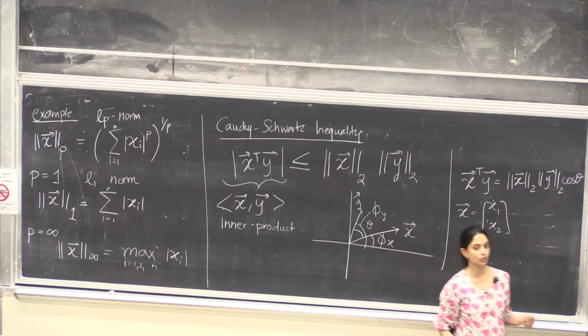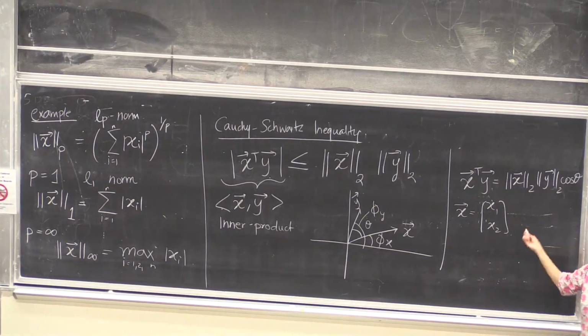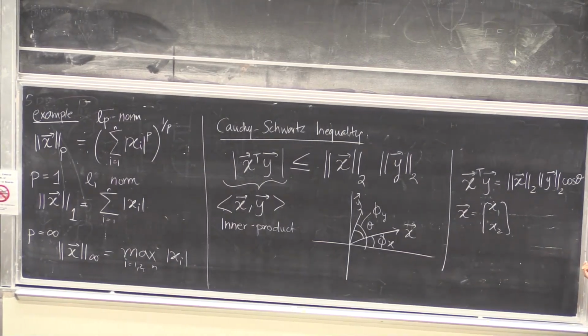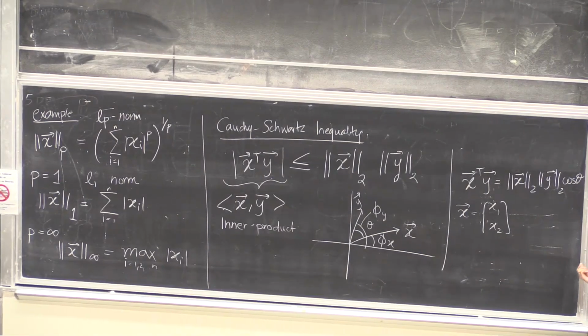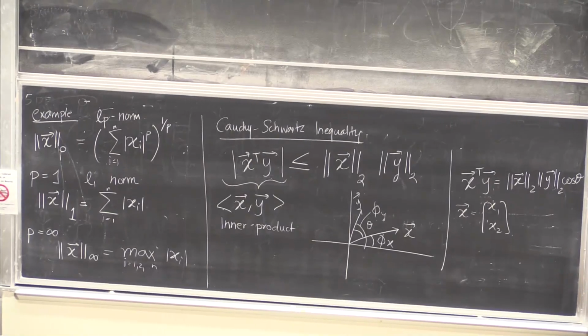Or what's another way in which I could write this? What's the other coordinate form that you've used other than Cartesian coordinates? Polar coordinates, right? And how do you write something in polar coordinates? You have an r and a theta, right? So in this case, what is the r? What is the radius? What is the distance of that vector from the origin? It's the magnitude, which is the 2 norm, right?